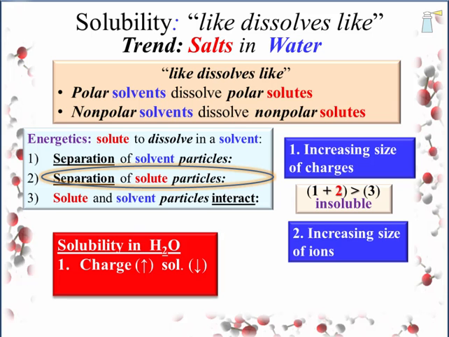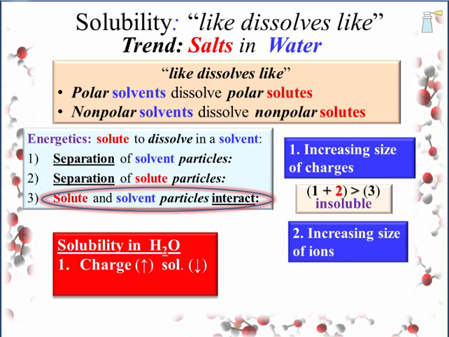Again, that's a generalization. As for increasing size or radius of the ions in an ionic compound, the driving force in solubility is the energy release found with the solute-solvent interaction. As stated earlier, larger solute particles have more surface area to participate in intermolecular bonding with the solvent.